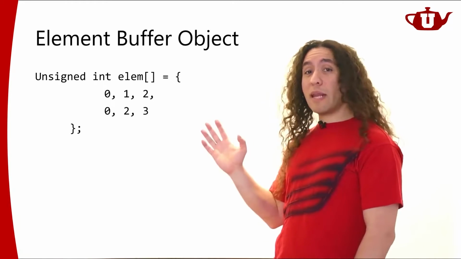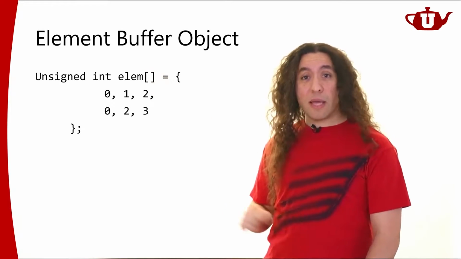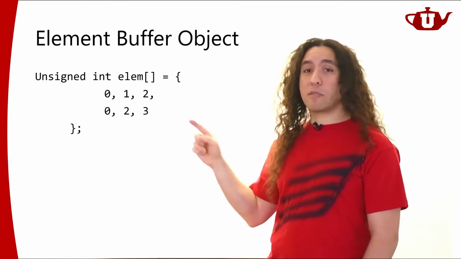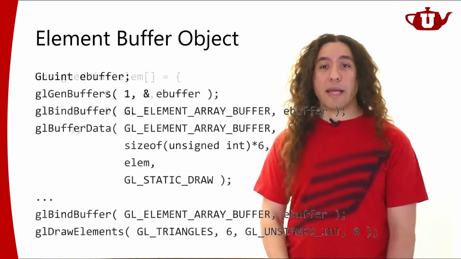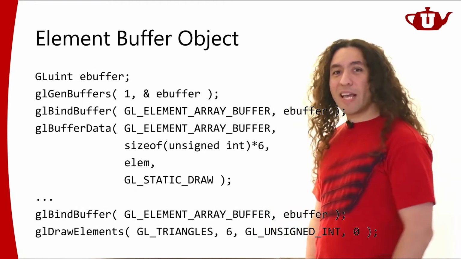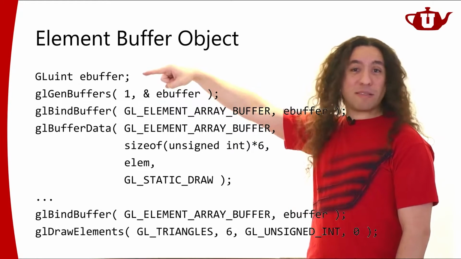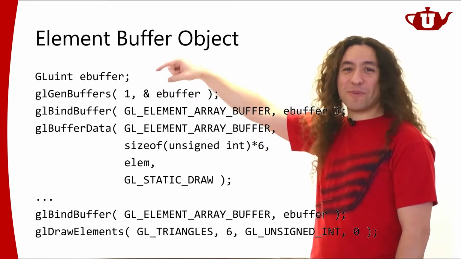Now I need to generate a buffer. More specifically, it's going to be an element buffer that's going to contain this data. And then I'm going to tell OpenGL that I want to use this buffer, and I'm going to render using that. And here's how I can do it. There it is. So this element buffer, I called it eBuffer, and I could call it whatever.